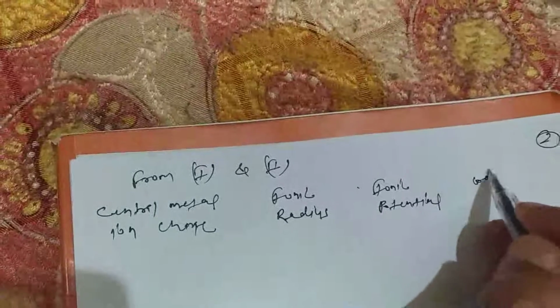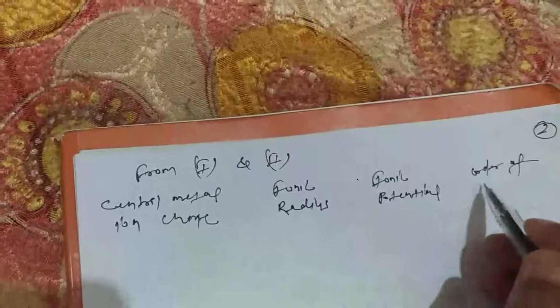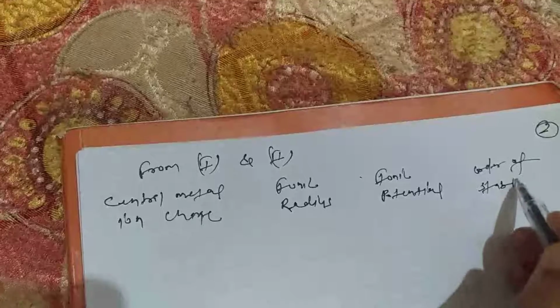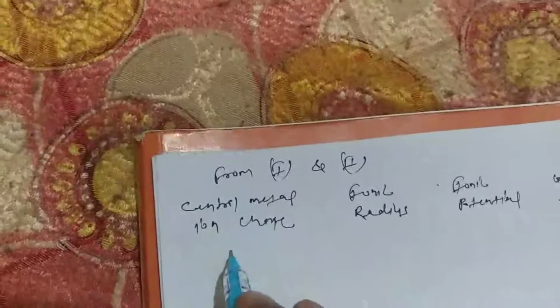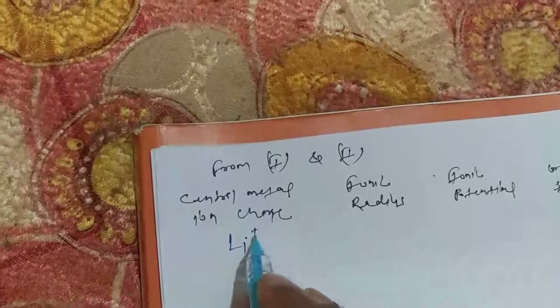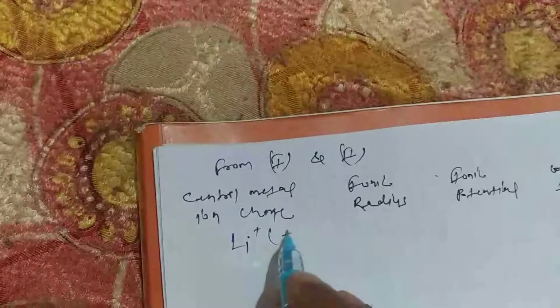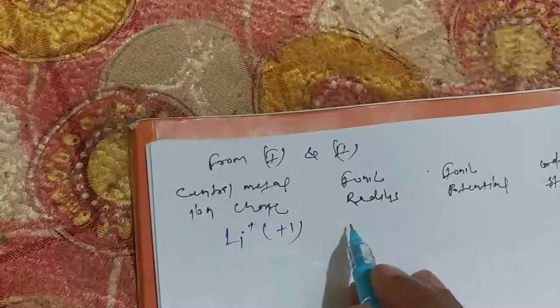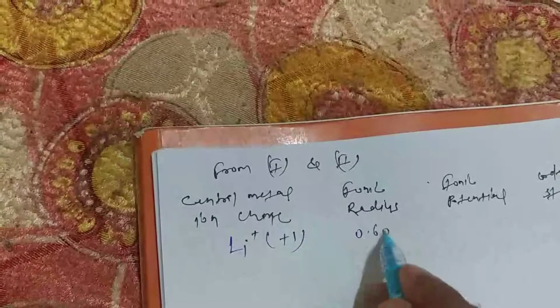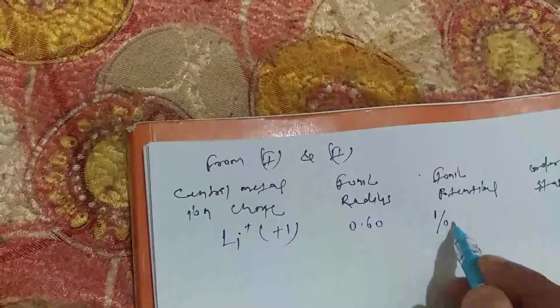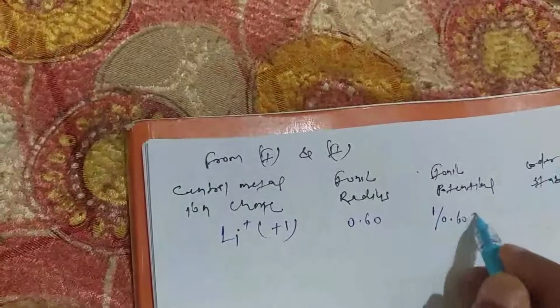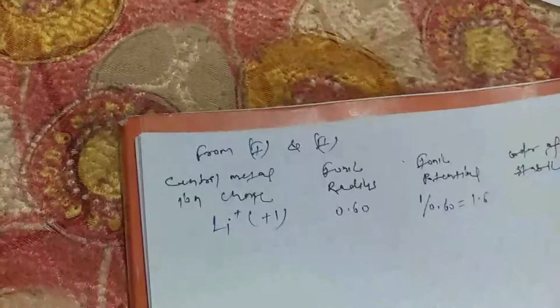So what is the order of stability? Let's take some examples which we already discussed. Lithium plus has plus 1 charge, the ionic radius is 0.60, so the potential will be 1 upon 0.60, so this is 1.6.